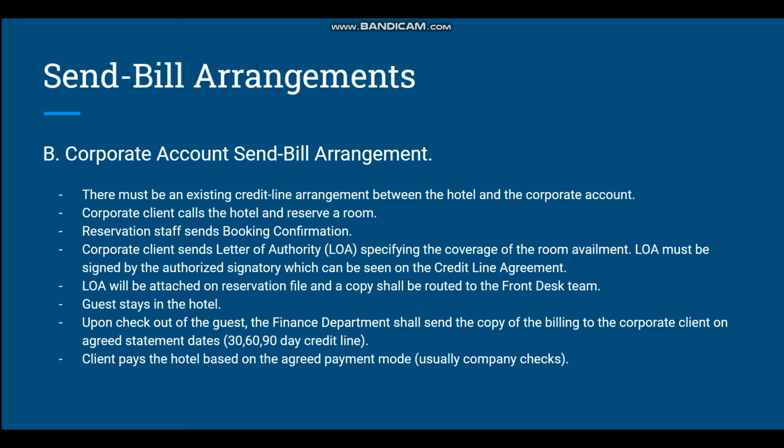Okay, so that's the basic one. Then the client pays the hotel based on the agreed payment mode. So usually company checks, which are collected by your liaison officers from the finance department. Okay, so basically that's how corporate accounts and bill arrangements work.